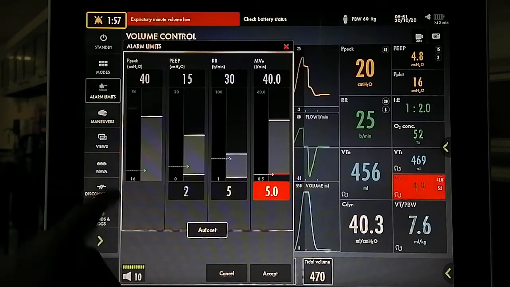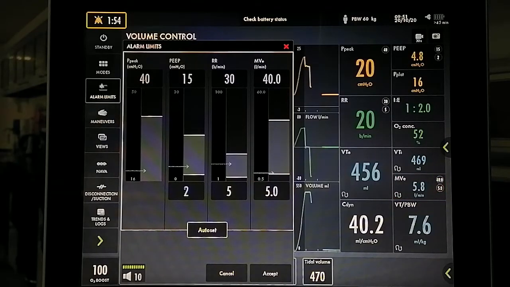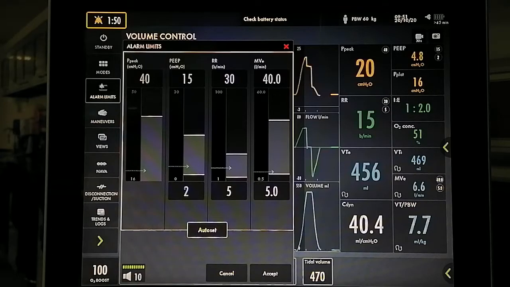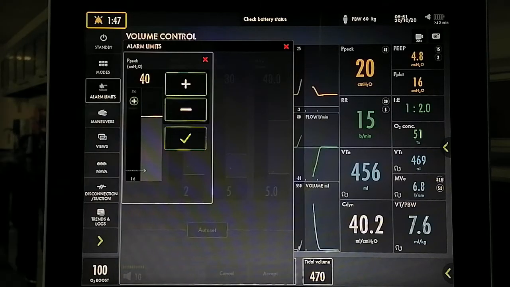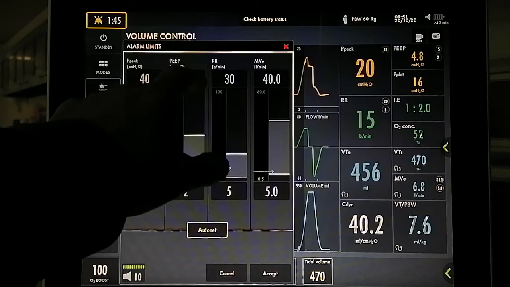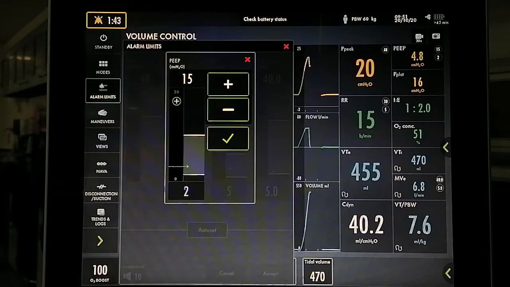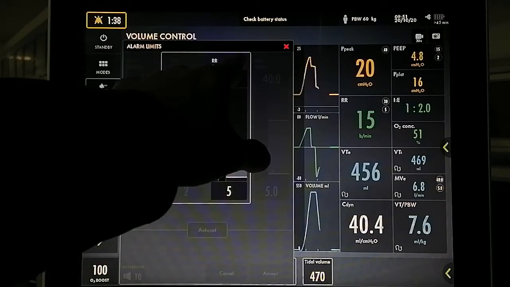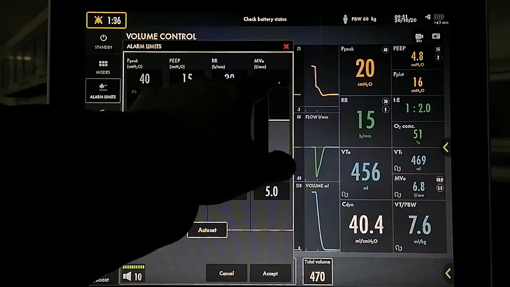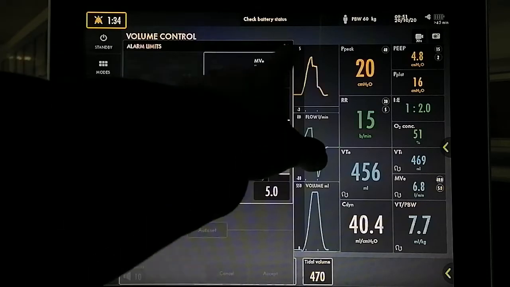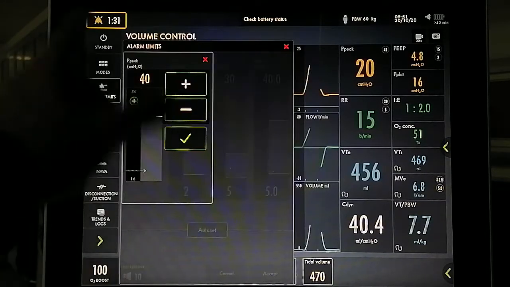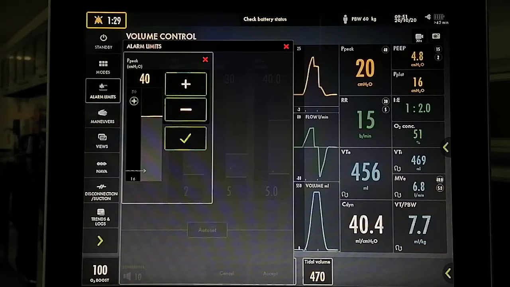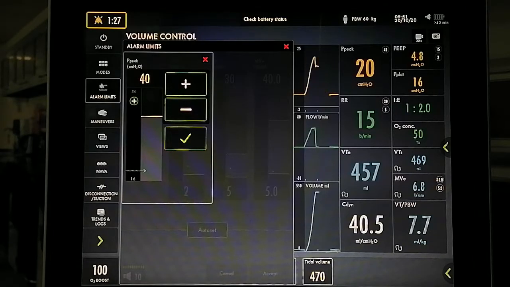As you can see here, there are 4 basic alarm parameters: your peak pressure alarm, your PEEP alarm, total respiratory rate alarm, or total frequency alarm, and your minute volume.